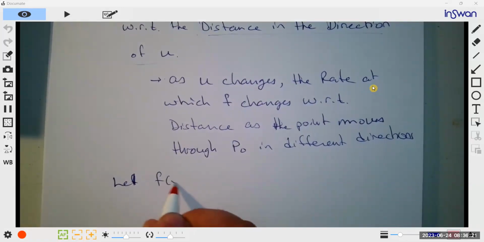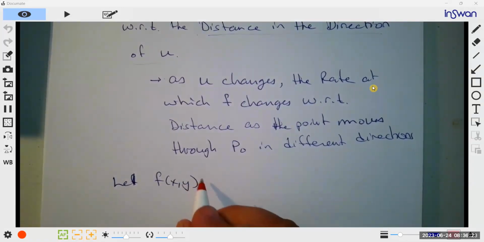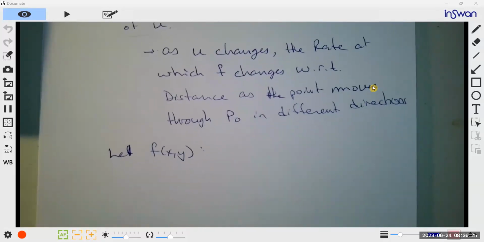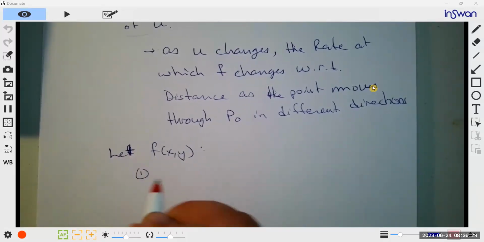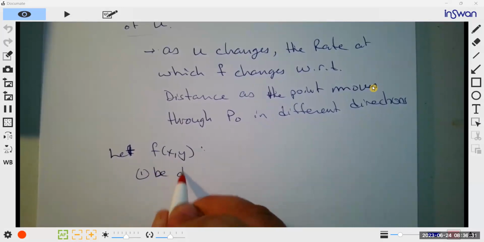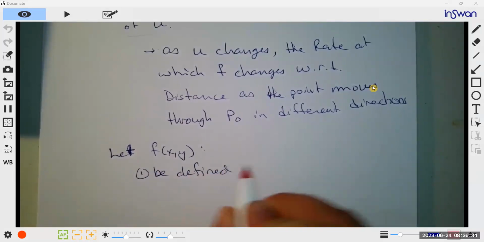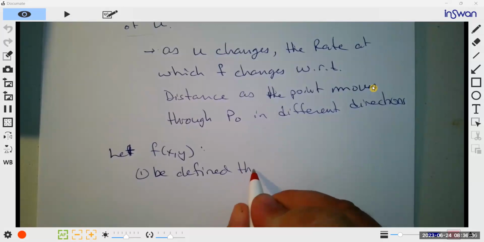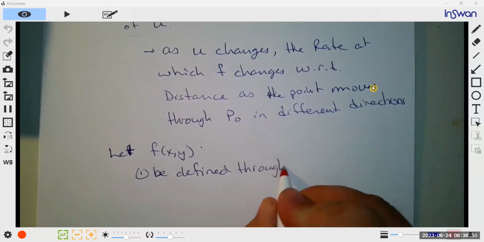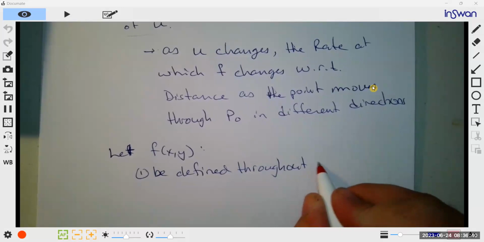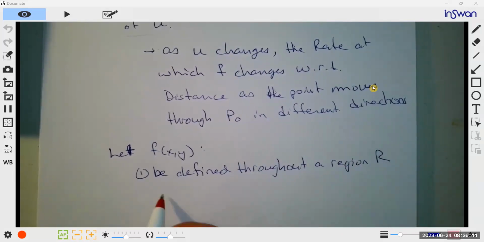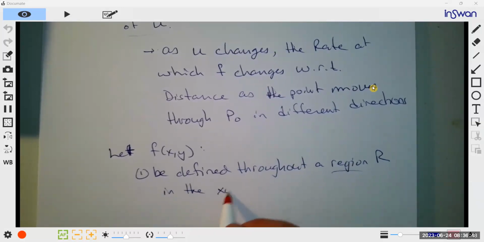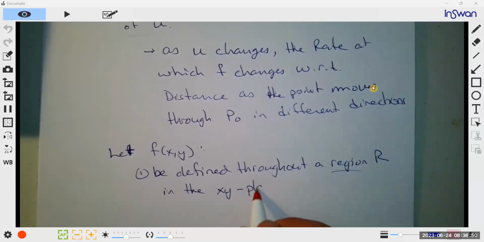Let f of x, y, here are the conditions for it. It has to be defined throughout a region R. Since we have a region, we have an xy plane.